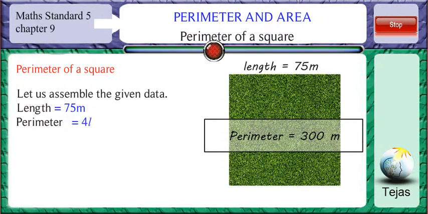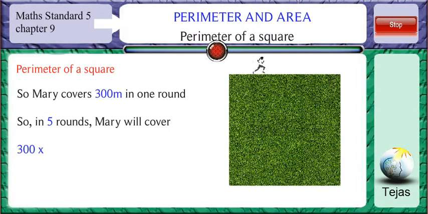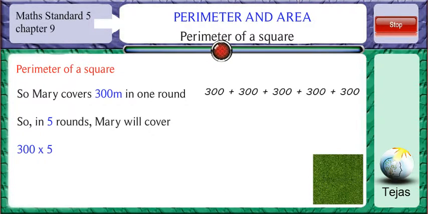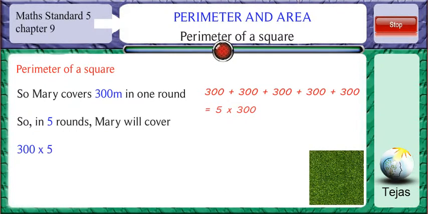Perimeter is equal to 4L, which is equal to 4 into 75, which is equal to 300 meters. So Mary covers 300 meters in one round. So in 5 rounds, Mary will cover 300 plus 300 plus 300 plus 300 plus 300, which is equal to 300 into 5, which is equal to 1500 meters.